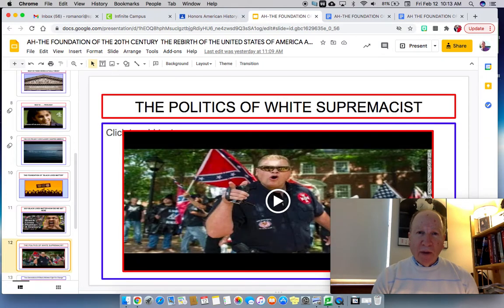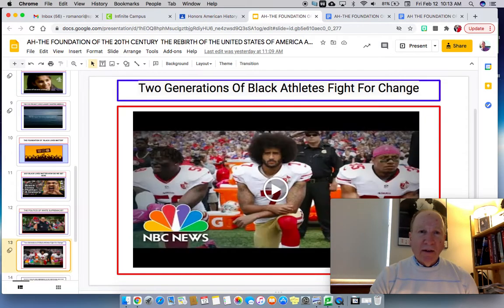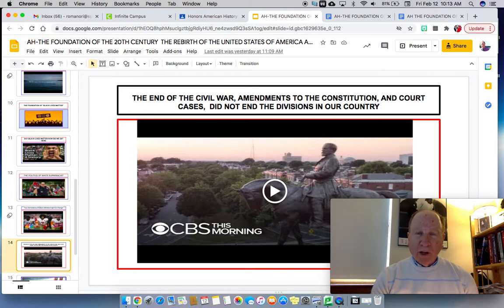That's always countered by the politics of white supremacy. You always see the Confederate flag in the background as the symbol of that. Athletes have always played a role in trying to bring about social change, social awareness. We talked about the statues, the video of the statues. It's just not history, it's symbolism and what they symbolize, like the Confederate flag.